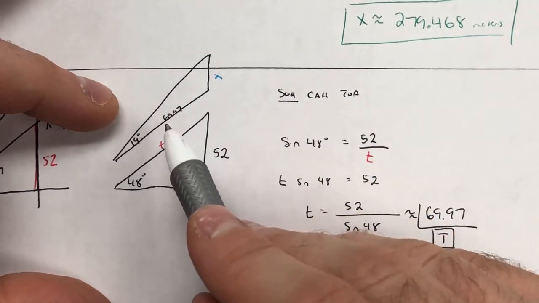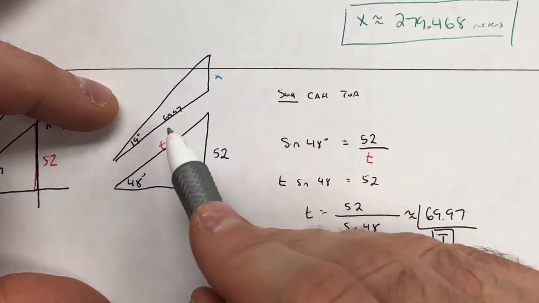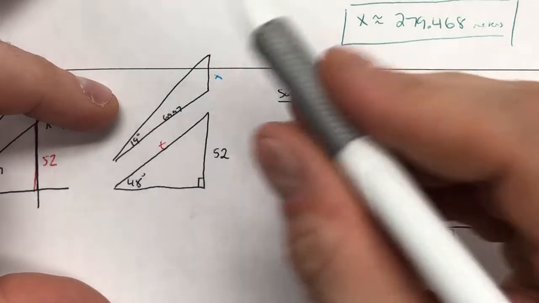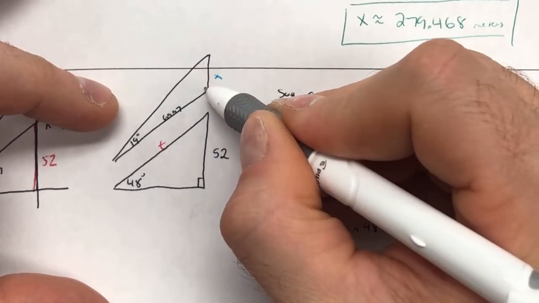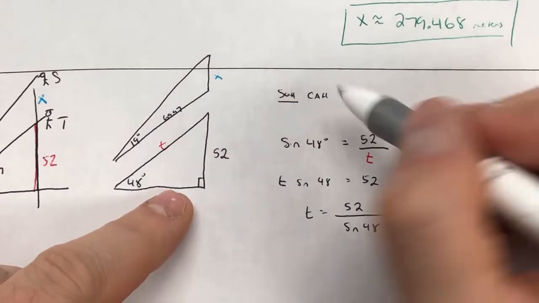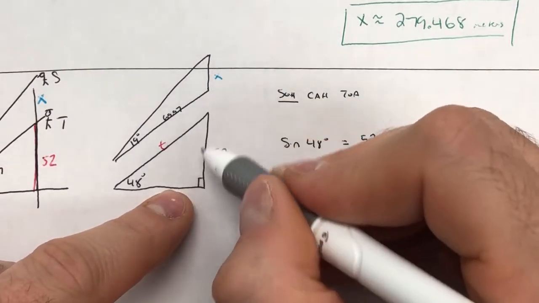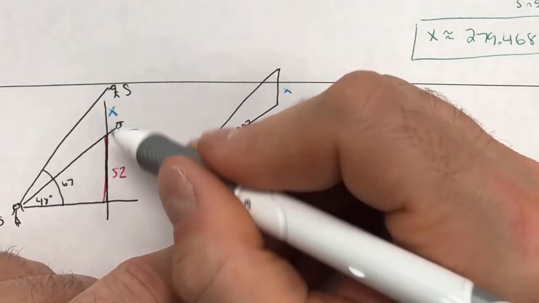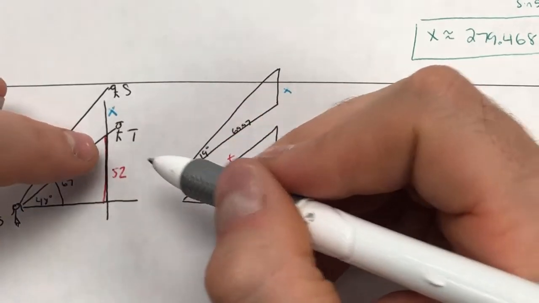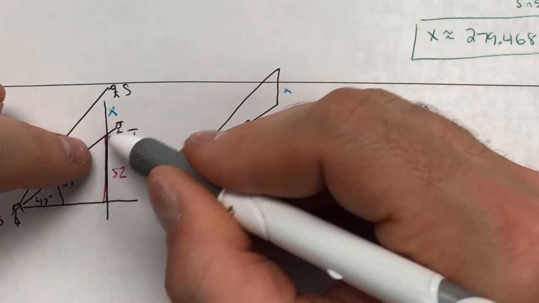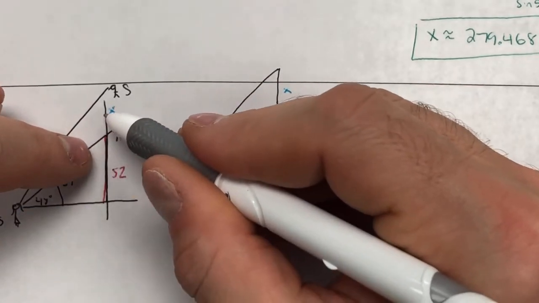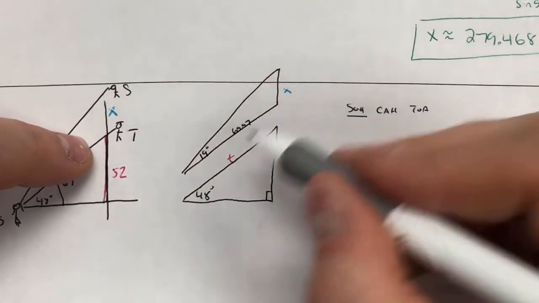I know if I want to use the law of sines, I need another angle measure. So I'm going to need to figure out what that angle is. Well, that's not too hard to figure out because I know that this straight line right here is 180 degrees. If I can figure out what this part of this angle is, I can subtract from 180 and get this angle.